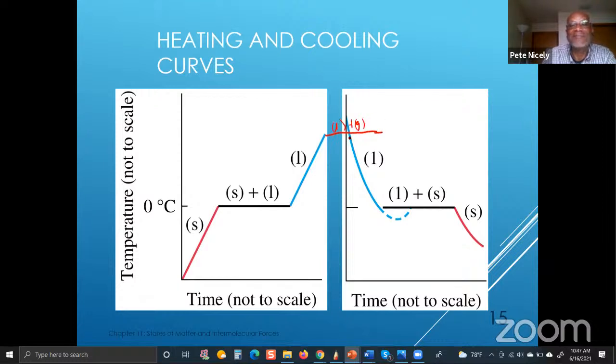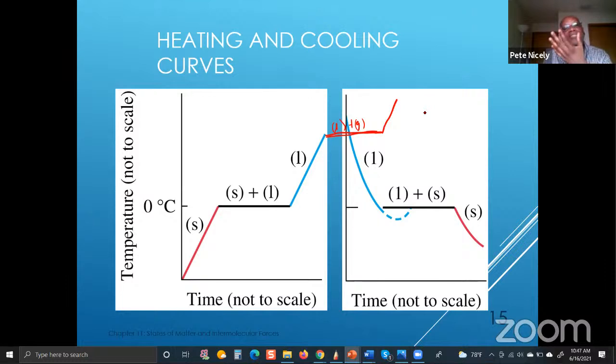That flat line will persist until all the liquid is converted to gas, and then the temperature is going to start to increase beyond that. So that's basically what the heating curve looks like in the case of water, or for that matter, for any substance. I think there might be some variations for other substances, but essentially, this is what is observed.